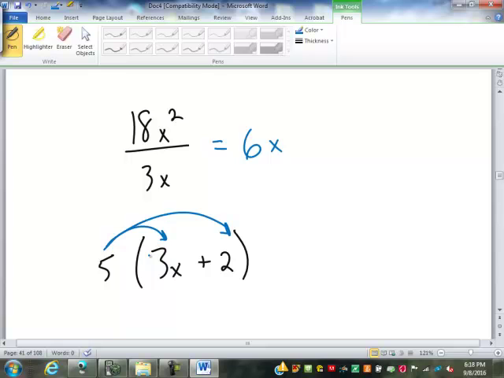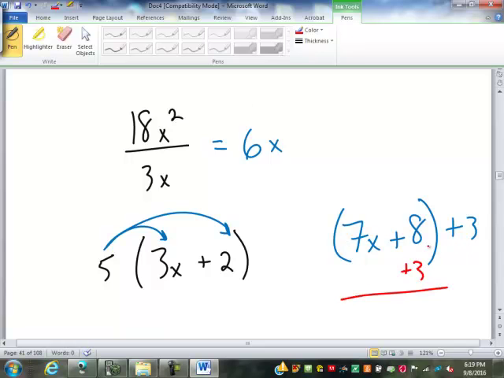So multiplication and division happen to every digit of a number, every item there. Addition or subtraction only happen to the digits that have the same name. If I have 7x plus 8, and I want to add 3 to that, where do I add the 3? To the 8. I can only add that to the digit that has the same name.